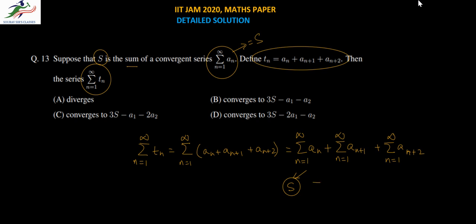The second one, sigma n equal to 1 to infinity a(n+1), would be S minus the first term, because when n equal to 1, this starts from a2 all the way to a infinity.